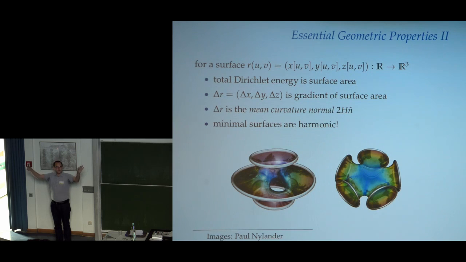If you fix 2 points and you say find the shortest curve between, you always get a straight line. But for surfaces, you get much more interesting shapes. If I say, find a surface that goes through these 3 rings, it has minimum surface area, you get these soap type surfaces. And these are the minimal surfaces. These are the harmonic surfaces, the surfaces that have mean curvature 0.